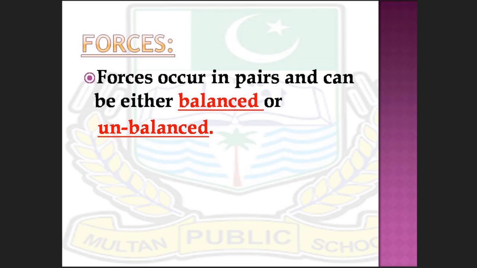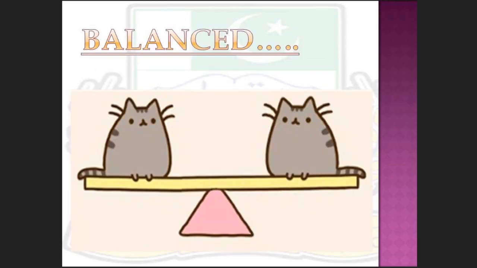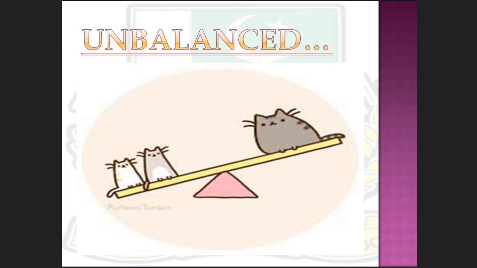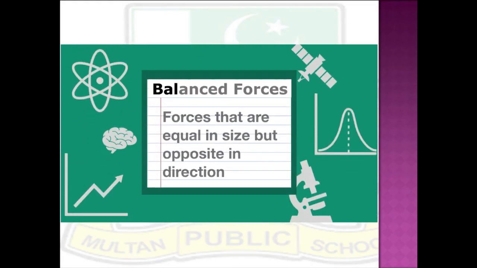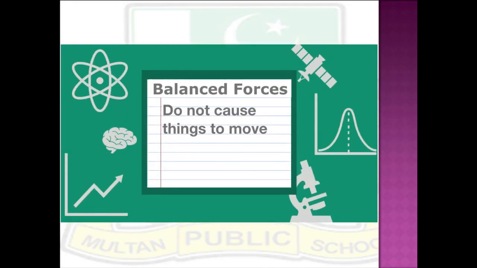Now, forces occur in pairs and can be either balanced or unbalanced. Today we are learning about balanced and unbalanced forces. So the balanced forces are the forces that are equal in size but opposite in direction. And you can identify balanced forces because they do not cause things to move.